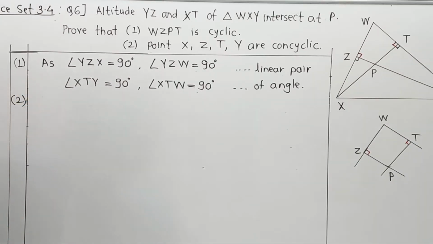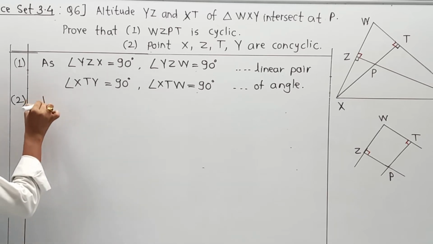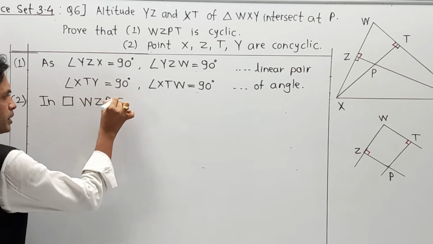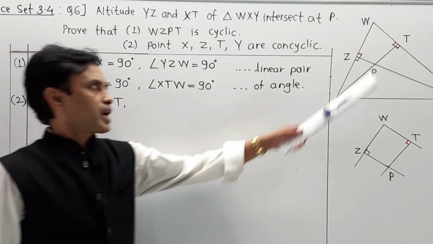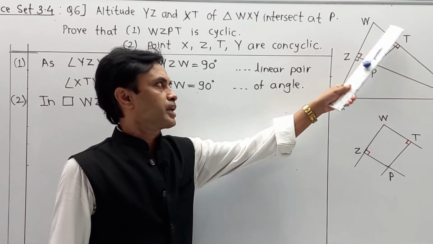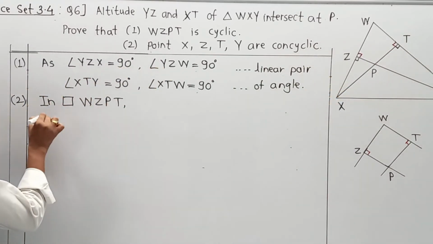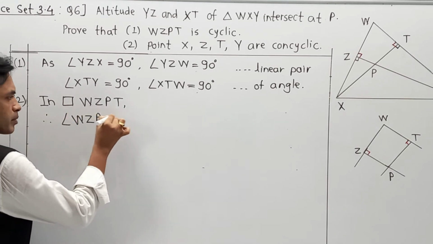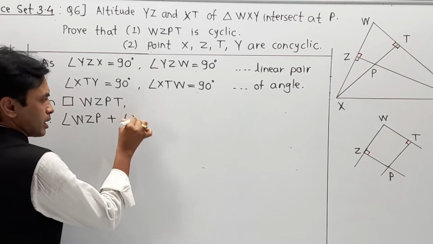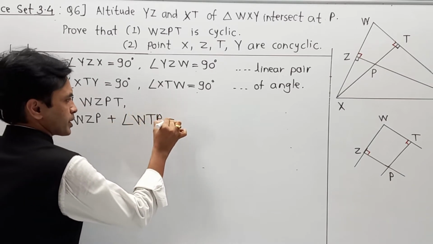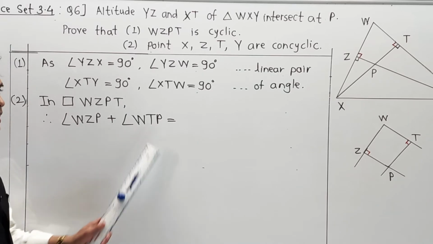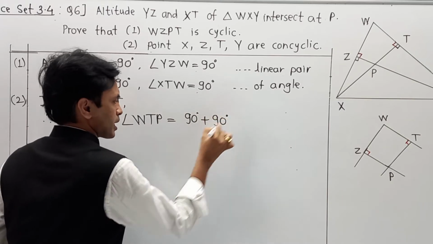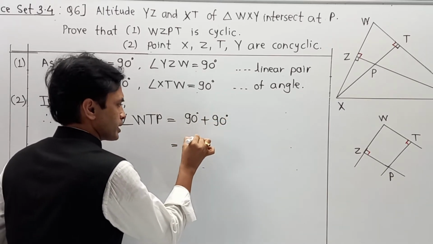In quadrilateral WZPT, first, angle WZP plus angle WTP is equal to 90 plus 90. So it becomes 90 degrees plus 90 degrees, and this addition becomes 180 degrees.